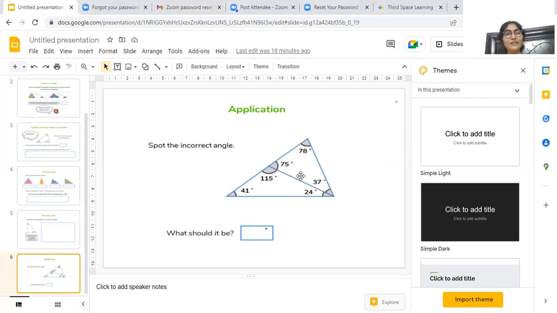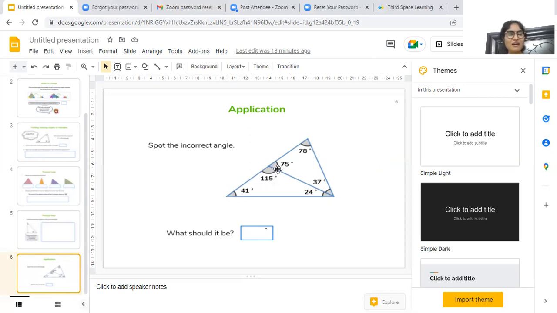So in this triangle, something is a bit fishy, right? We need to figure it out. What about this 115 and 75? It is on a straight line, so the sum of angles on a straight line is always 180 degrees.